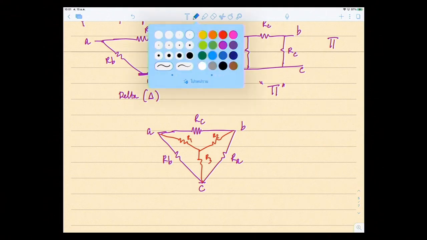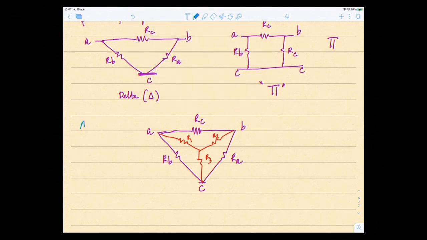To transform from delta to Y, if you have a delta, that means you have RA, RB, and RC, and you want to transform into R1, R2, and R3. The formula is R1 is equal to, the way I remember this, R1 is connected to RC and RB.